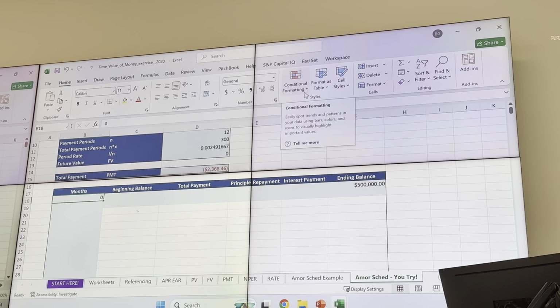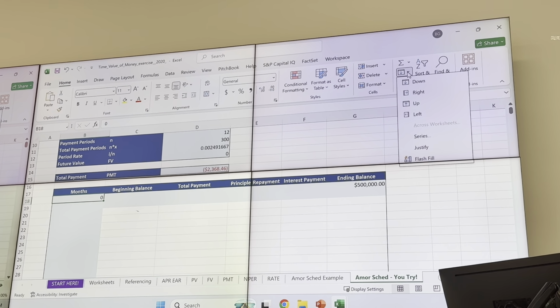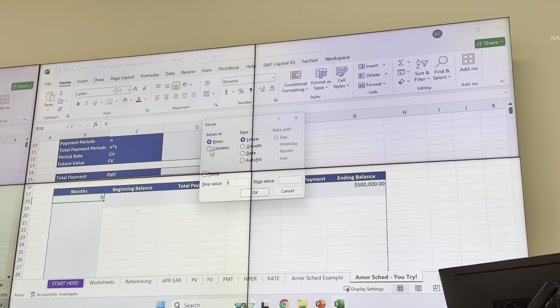Do you see this series under the Home tab? You go there. This is called series. Select series. For this column B, I want to step from 1 to 300 because I have 300 payments, and I press OK.